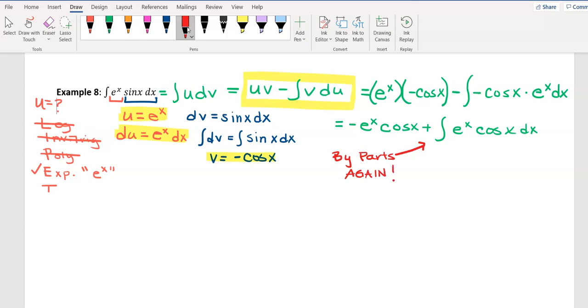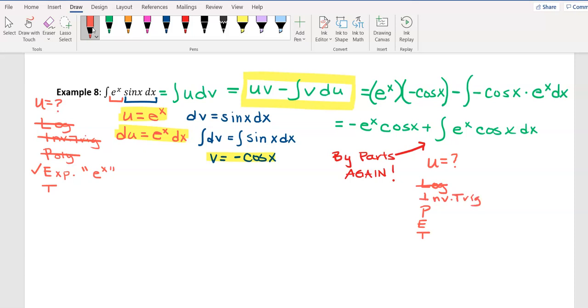So, all right, well, I guess that means that I'm going to have to figure out my u again, right? And I'm going to have to use LIPET again. Okay, and let's see. Well, u and LIPET. Do I have a log? No. Do I have an inverse trig?